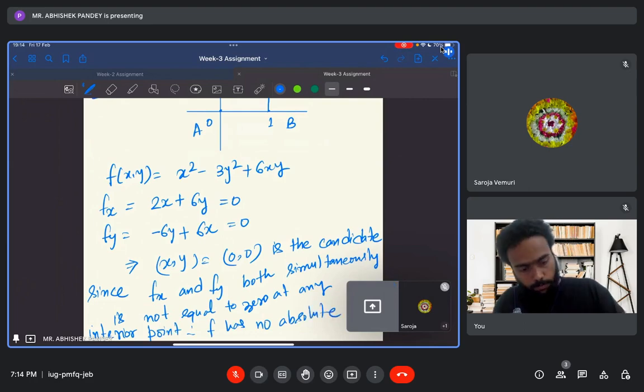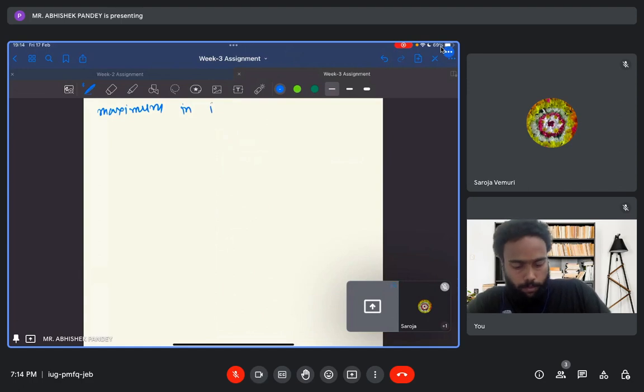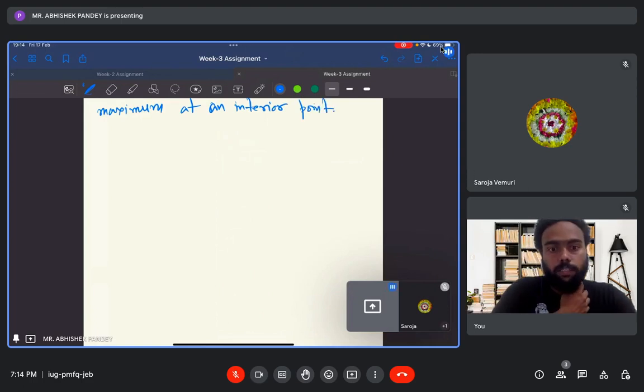f has no absolute maximum at an interior point. Is it clear?